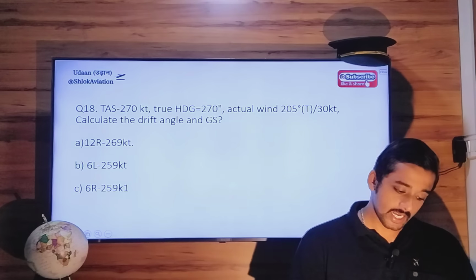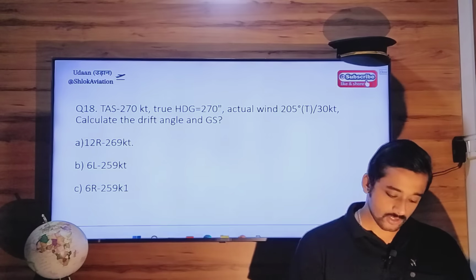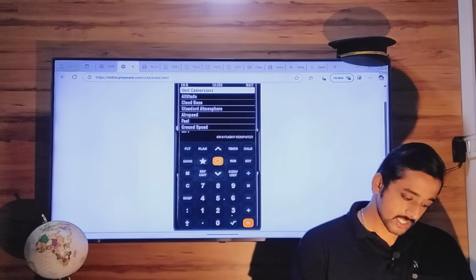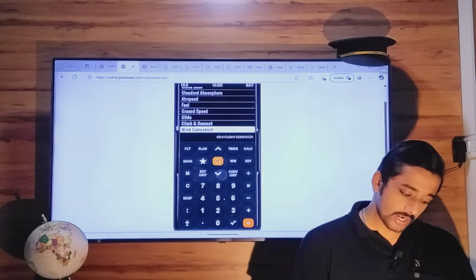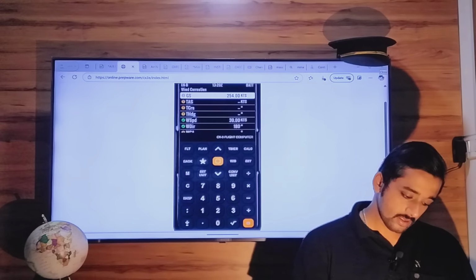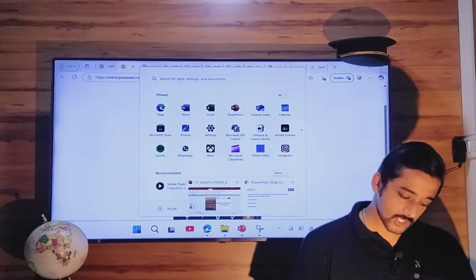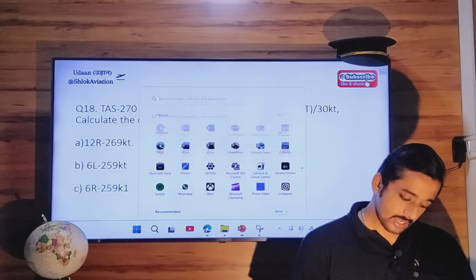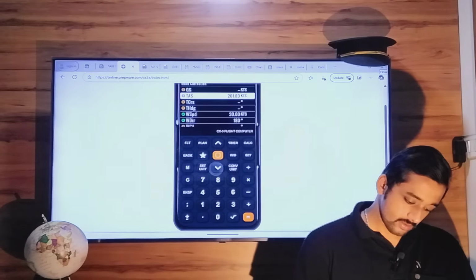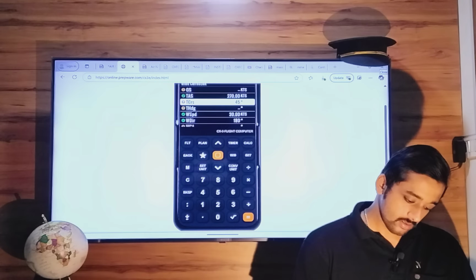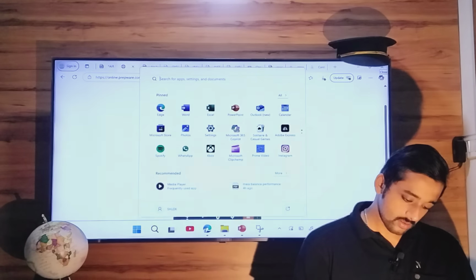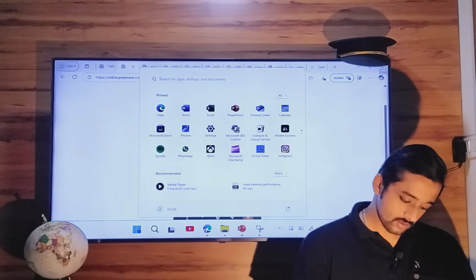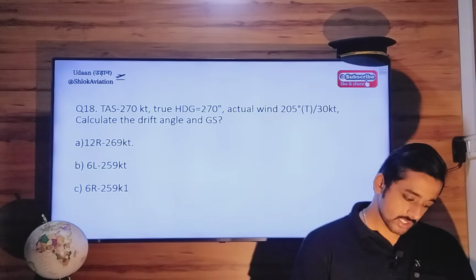Mass is given, heading is given, winds are given to you. Calculate drift angle and ground speed. So use your CX3, go to option wind correction, substitute the values here. 270, 270. Heading is 270.